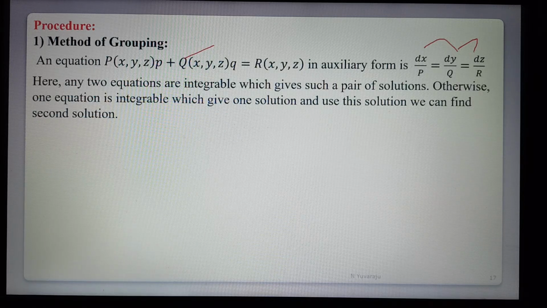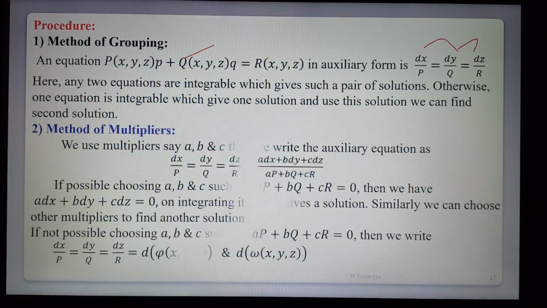And the second method is the method of multipliers. When no set is integrable, then we use the second method of multipliers. The procedure is, we choose the multipliers, say small a, b and small c, then we write the auxiliary equation as dx by P is equal to dy by Q is equal to dz by R is equal to a dx plus b dy plus c dz by aP plus bQ plus cR.